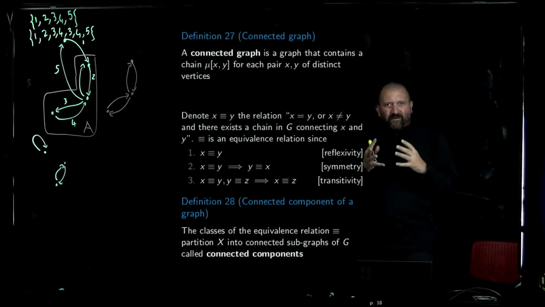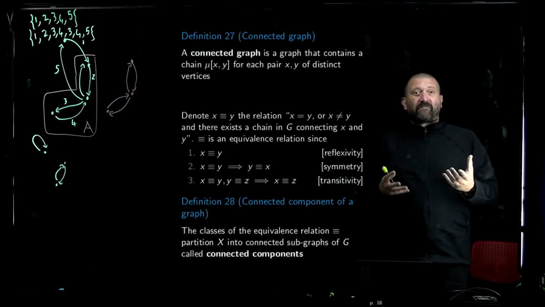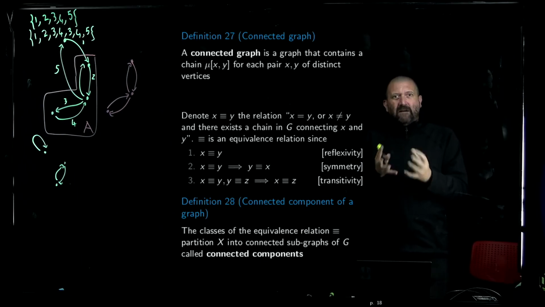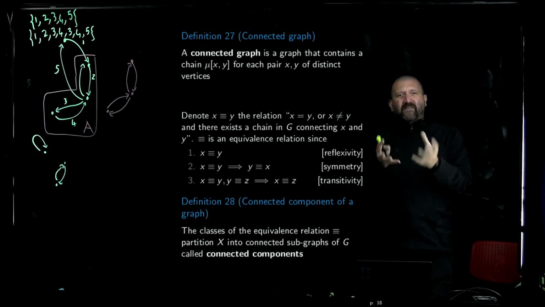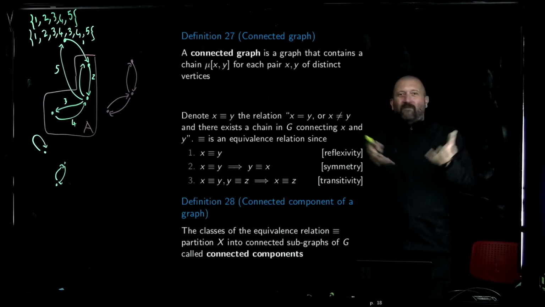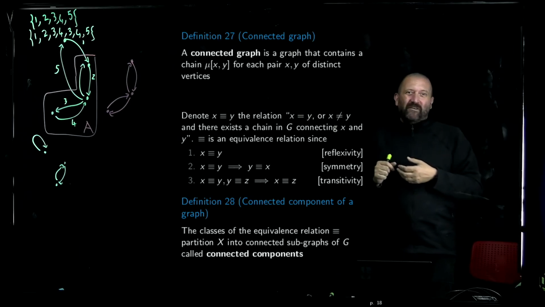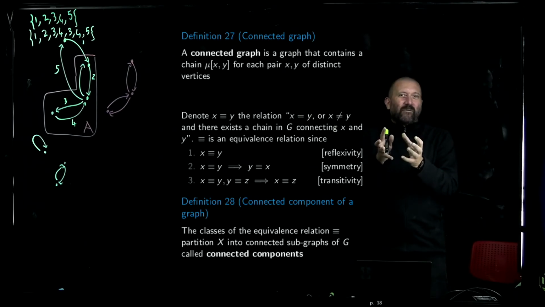And what's really nice with equivalence relations is that they allow us to think in terms of a set of entries, or here a set of vertices, that share the same property, that are in relation with one another.